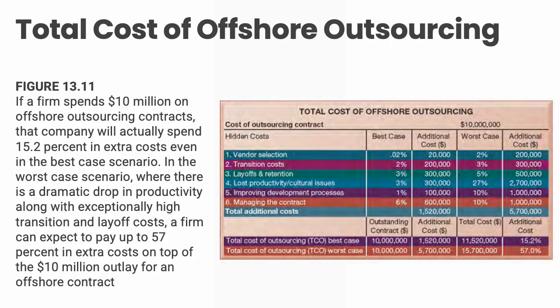And it could be travel and communication, like flying to meet the vendors, time zone differences, those kinds of things. So the big idea is the contract price is not the full price. Companies must be very careful and plan for these hidden costs when they consider offshore outsourcing. Otherwise, what seems cheap can become very expensive.